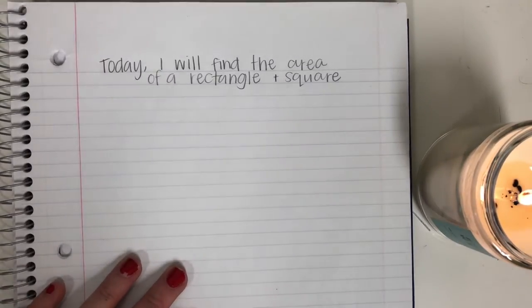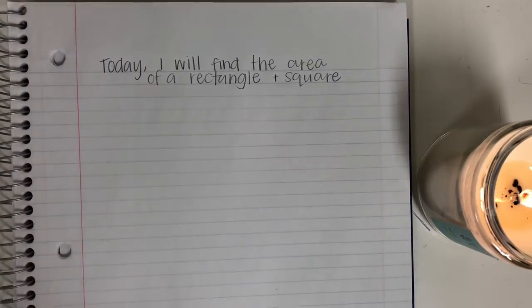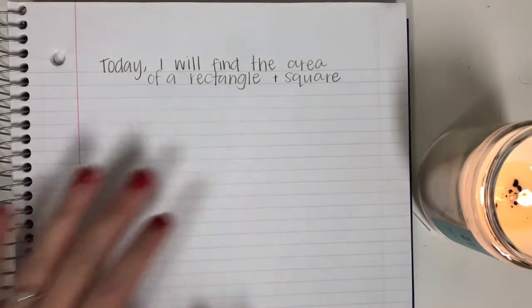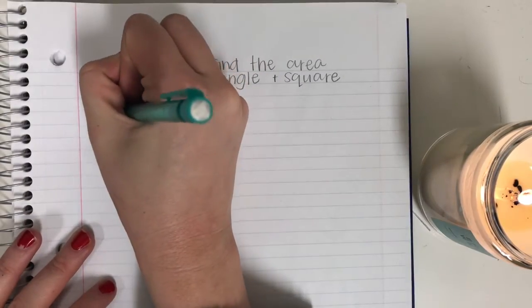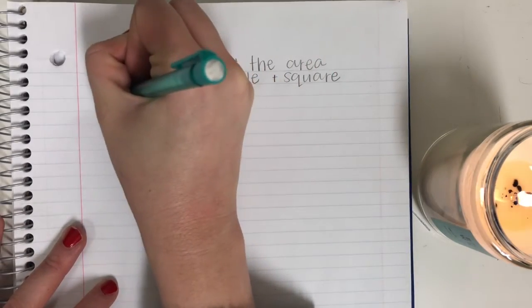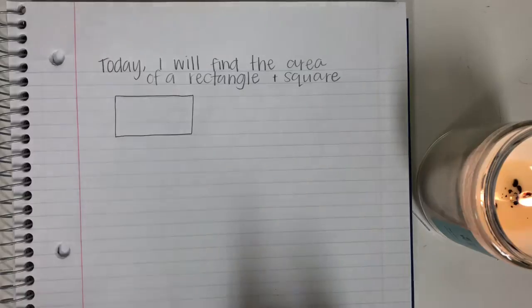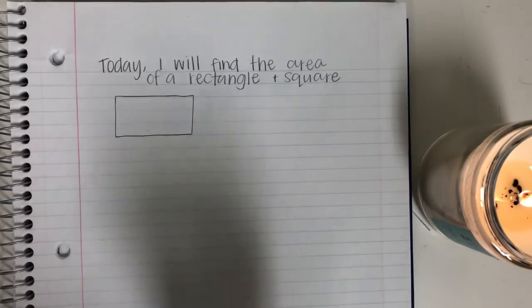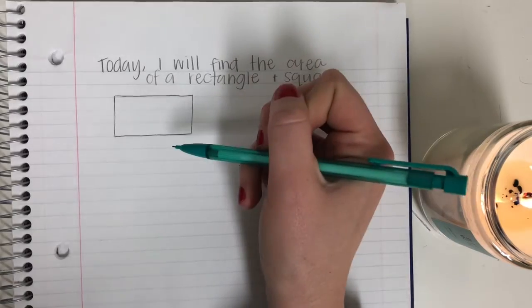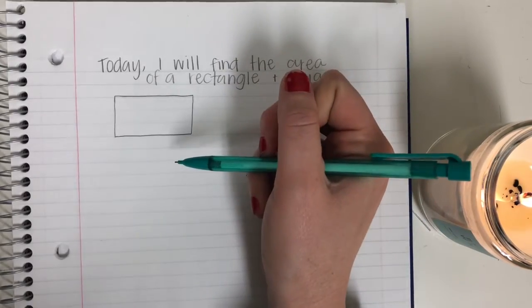Okay, before we start doing the math, let's just go over some new vocab that we're going to come into contact with over the course of this unit. So first, let's define what a rectangle is and what a square is. So first, I'm going to draw a rectangle. A rectangle is a four-sided figure where two sides are equal. So not all four sides are the same length, but two sides are the same length.